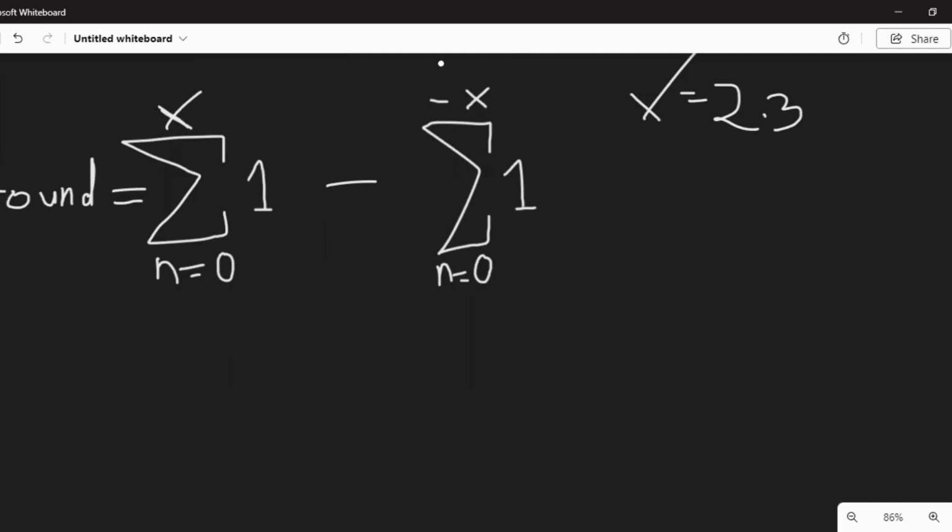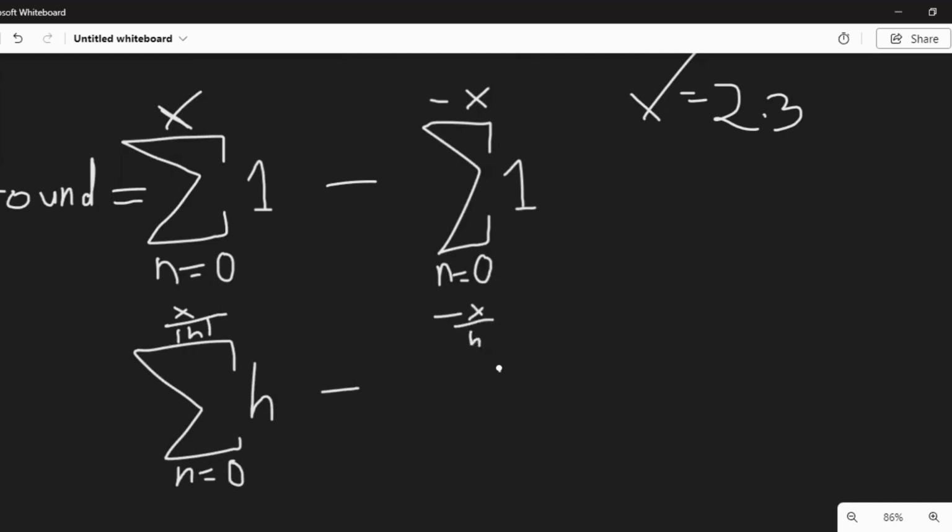The generalized formula is the summation of x by the absolute value of h, where h is the number whose multiple you want to estimate the value to, and n equals 0, minus the summation of minus x over h, again with n equals 0.